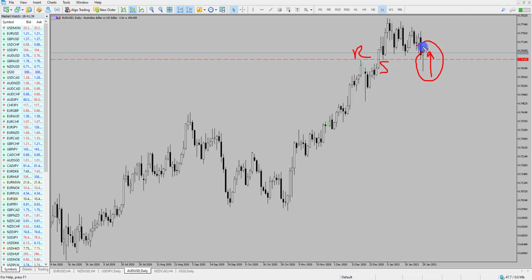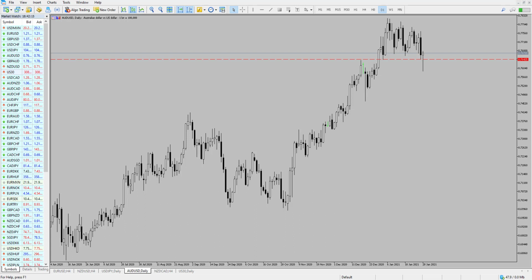So for me, if the stock market's going to continue to rally, then risk currencies should rally. And that means we could be seeing another opportunity to buy Aussie US dollar, targeting the high just through here. Obviously, we need to see how this closes, because if price closes below this level, there's still a long time to go in the session and things could change and we could break below the lows.